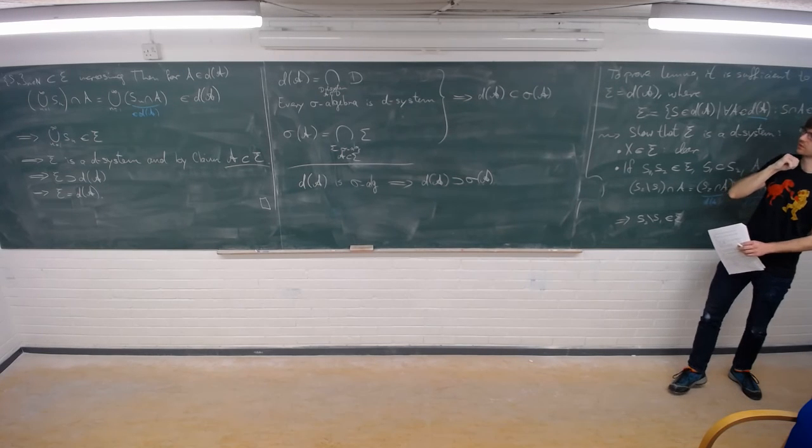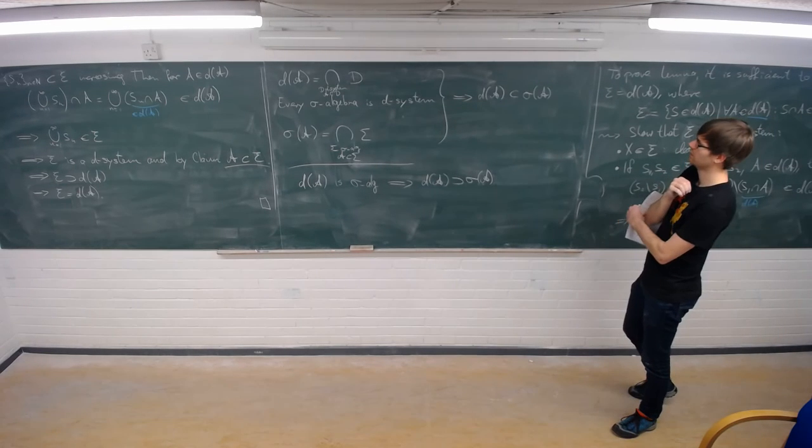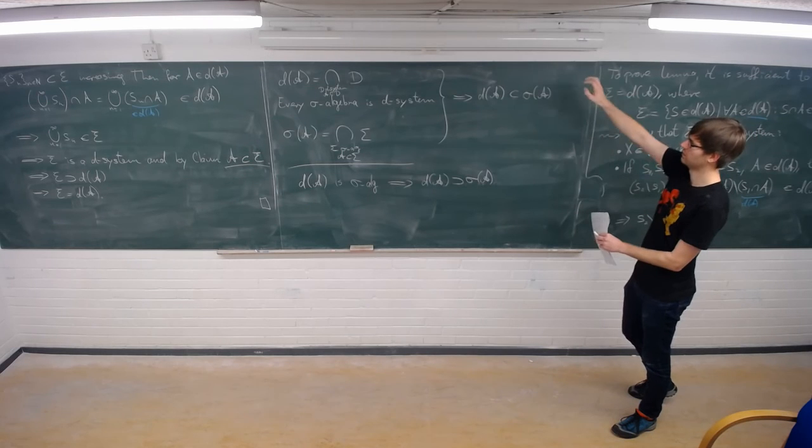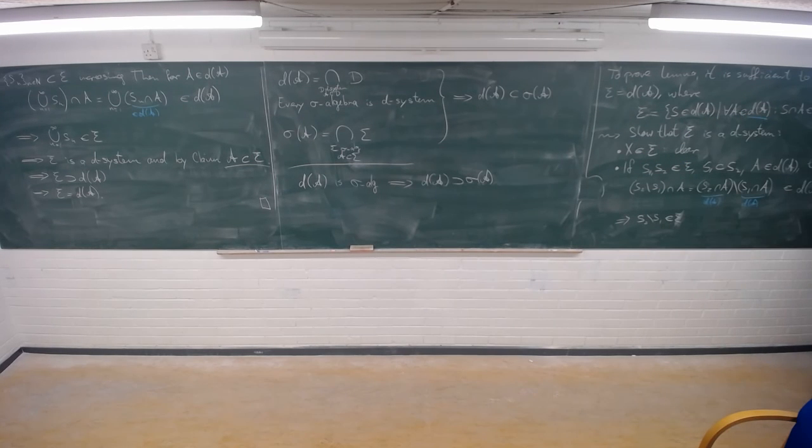Yeah, so this is why, if a D system is also a sigma algebra, the D system generated by a set is also a sigma algebra, then that D system is the same as the sigma algebra generated by that set. Any more questions?